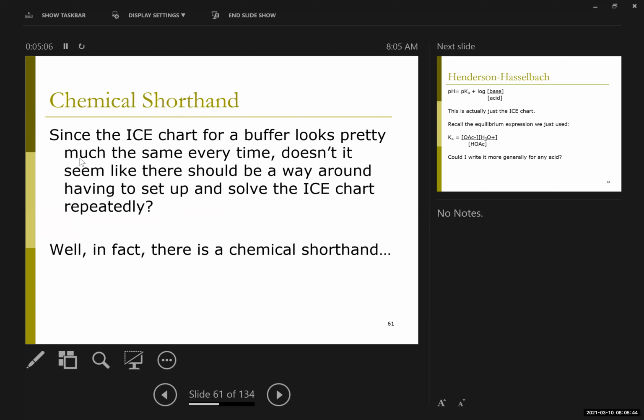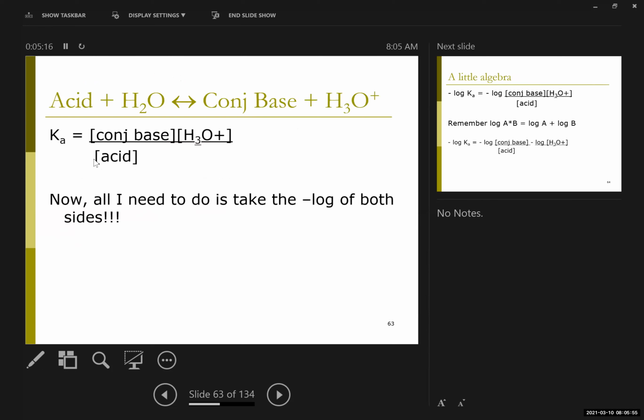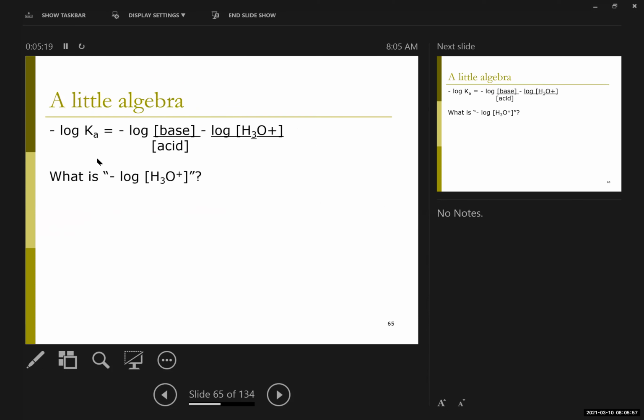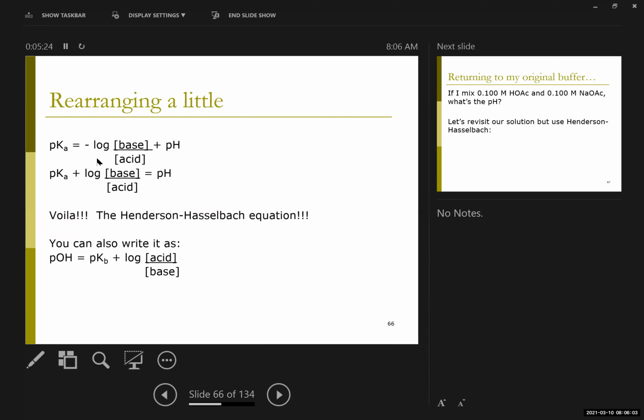And where we sort of ended up on Monday is that, because of this dominance of my initial conditions, I've got a sort of shorthand way of solving a buffer problem called the Henderson-Hasselbalch equation. It's really just the Ka equation. And so even though, I love to say, and it's true, all equilibrium problems have the same three parts, this is still true. This just happens to be the solution to one of those parts.